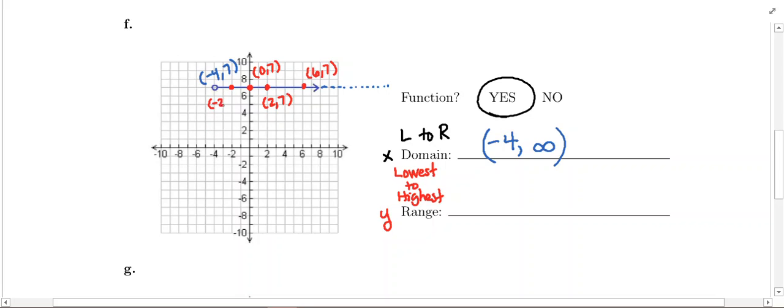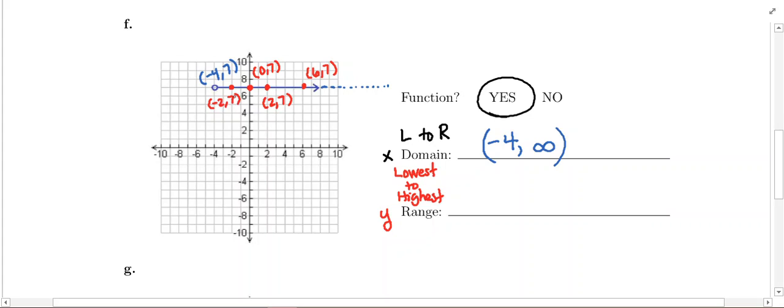This is (-2, 7). No matter what point you pick on this blue line, they all have something in common. They all have the same y value. And remember, range is asking what y values does this graph cover? Well, every single point on this blue line has a y value of 7.